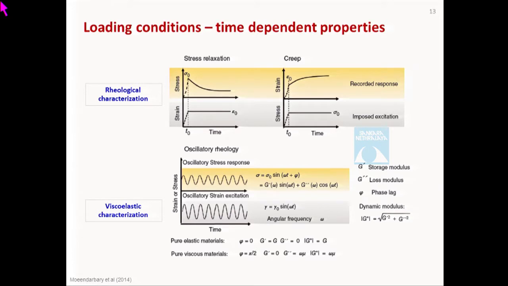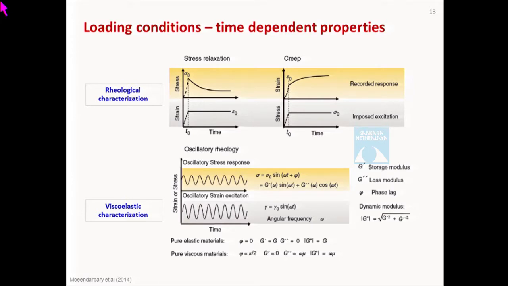The stress actually lags strain with a phase angle phi, okay? And you can express stress in terms of two characteristic quantities, called the storage modulus and loss modulus, G prime and G double prime. And from that, you can calculate the dynamic modulus.